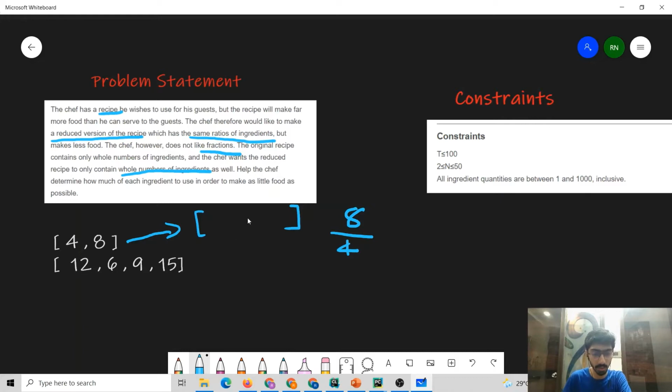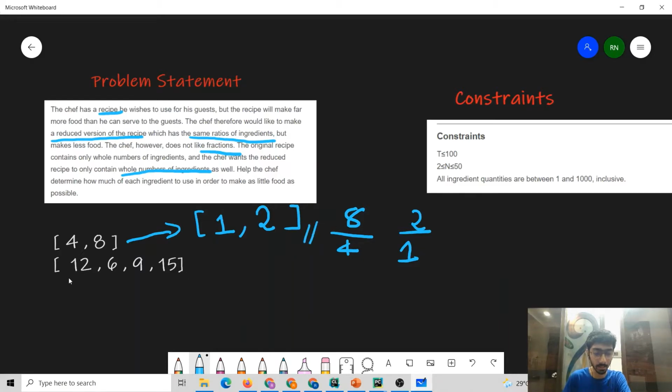So what the chef can do is reduce the elements in such a way that the second element is 2 and the first element is 1. The ratio will become 2/1, and since 8/4 is the same as 2/1, the ratio is still maintained, and we have reduced the array in such a way that the new array also consists of only whole numbers. So this is a valid answer.